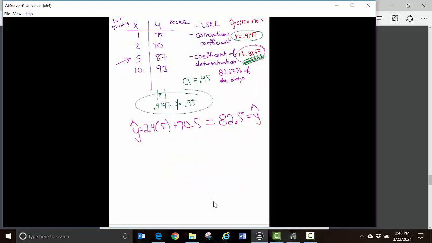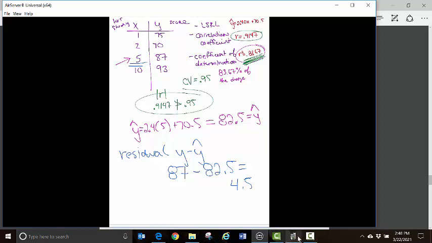If I wanted a residual, that's y minus y hat. Well, the one kid that we know for sure that did 5 hours of homework got an 87 minus our prediction, right? So our residual is positive 4.5.